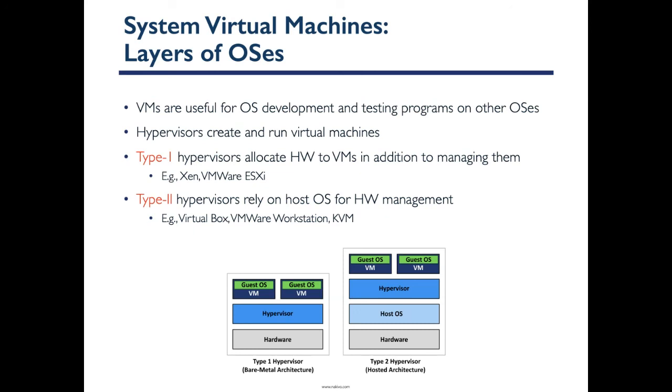Second is managing virtual machines: who runs now, who runs next, how to protect them from each other, how to provide isolation between them. Type 1 does both. Examples are VMware ESXi and Xen. Type 2 just does the virtual machine management and relies on a host operating system to allocate resources.